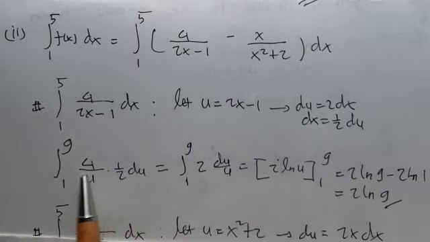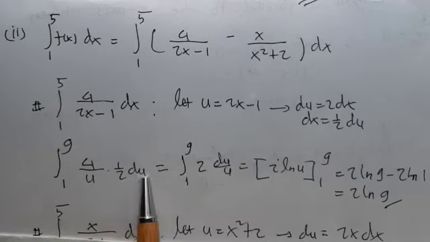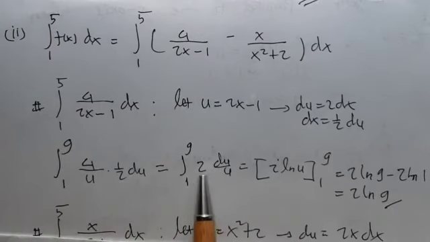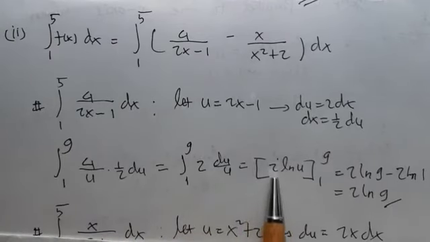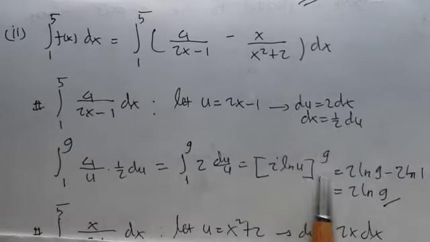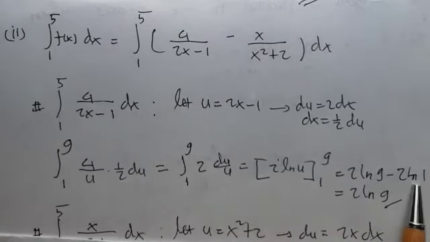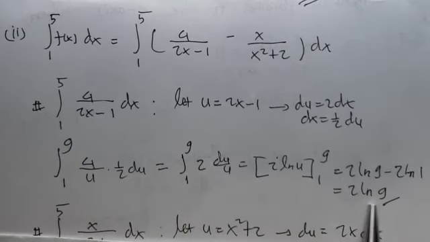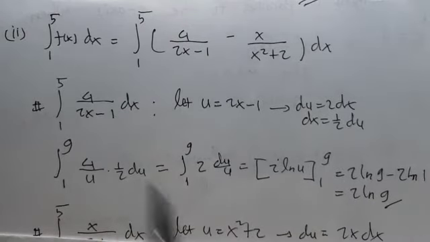Thus 4 over u times half du equals the integral from 1 to 9 of 4 divided by 2, that is 2, du over u, or the integral is 2 ln u from 1 to 9. Thus 2 ln 9 minus 2 ln 1. ln 1 is 0, thus 2 ln 9. That is the value for this integral.